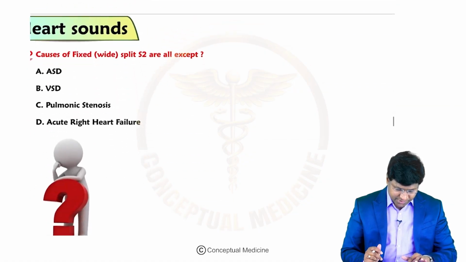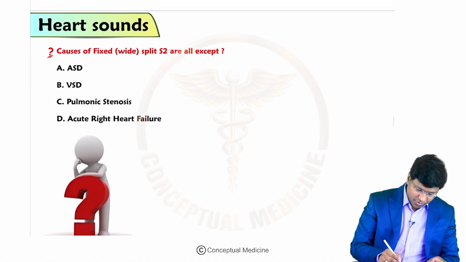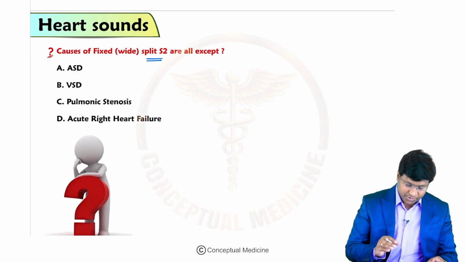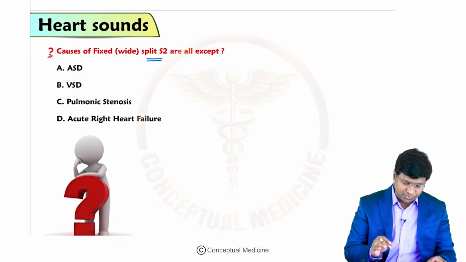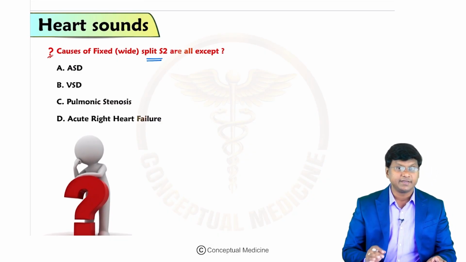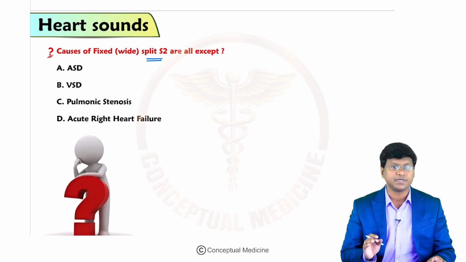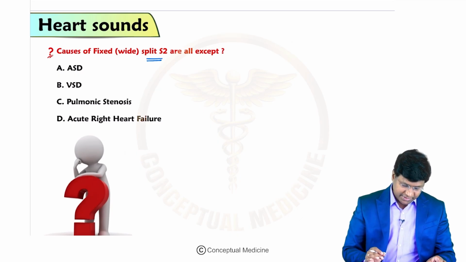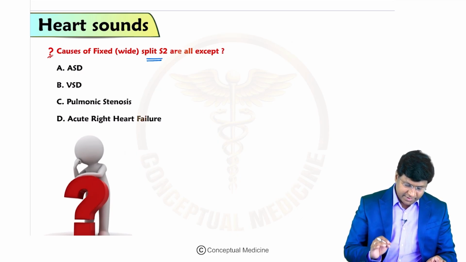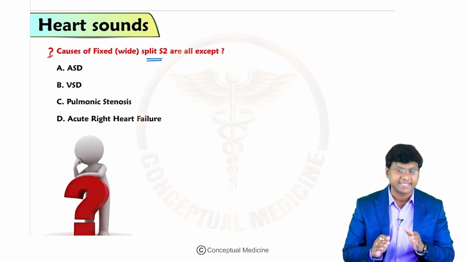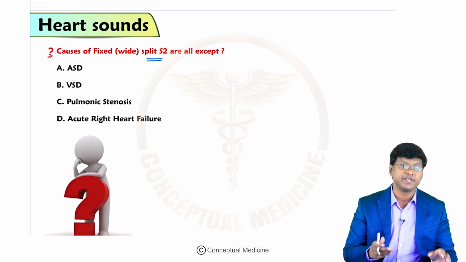The next question is, what are the causes of the fixed split second heart sound? Causes of fixed split S2 are all except: atrial septal defect, ventricular septal defect, pulmonary stenosis, acute right heart failure. That means the question is where do you have a variable split.